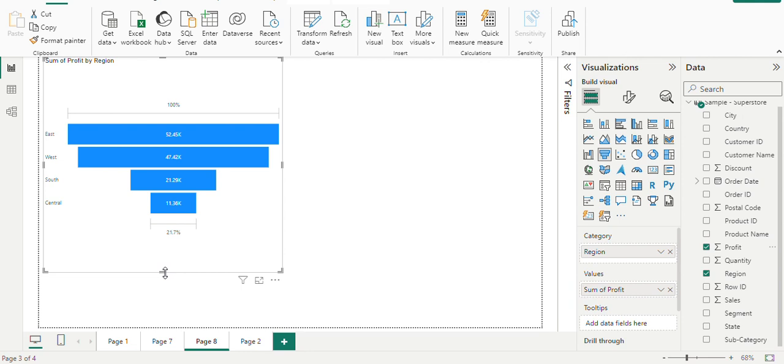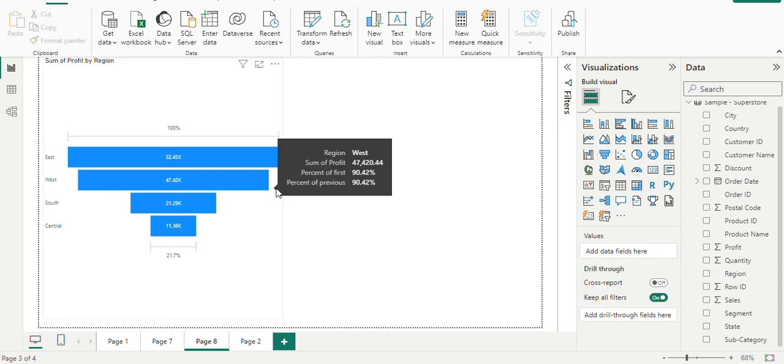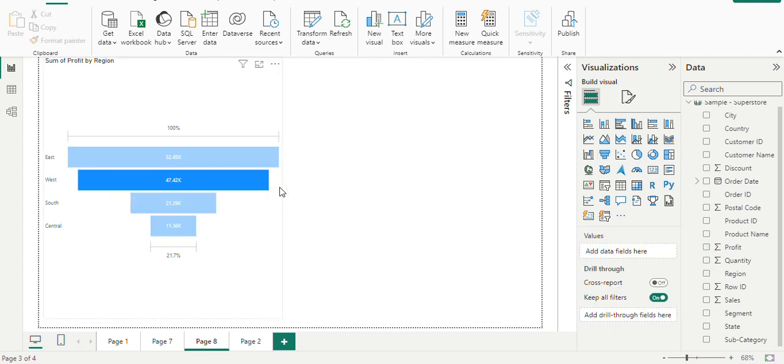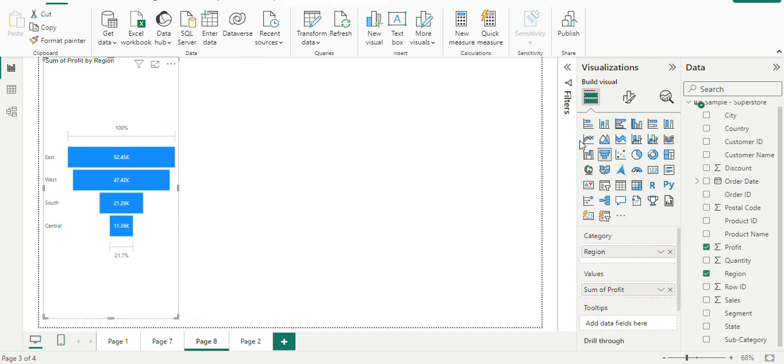This is a pretty simple chart. Let's create another funnel chart which has a large amount of data, and let's identify what we can learn from that data.